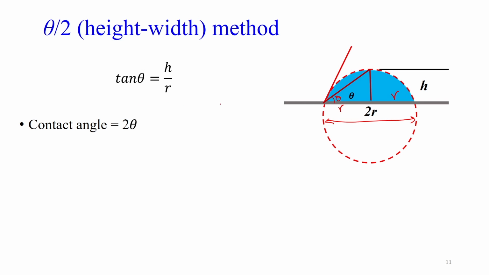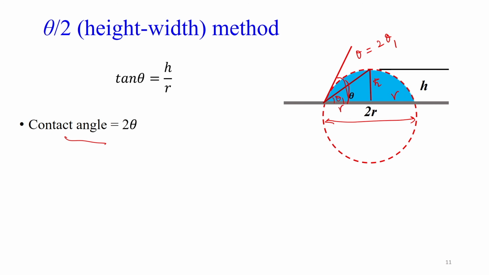If you simply write tan theta, then tan theta will be H upon R. This method is known as the height width method or the theta by 2 method. So theta is equal to tan inverse of H upon R, and the contact angle, this whole angle, is twice the small theta 1. So, this is another simplest method.